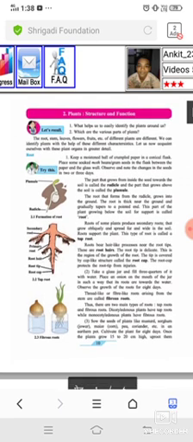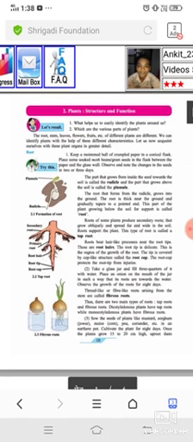The root is thick near the ground and gradually tapers to a pointed end. This part of the plant growing below the soil for support is called root.